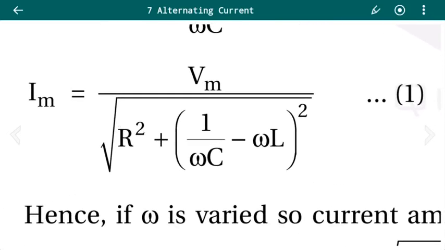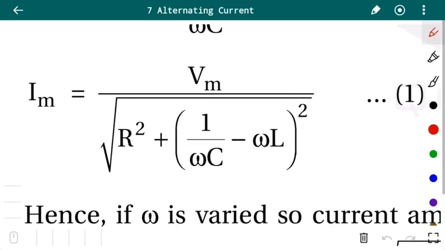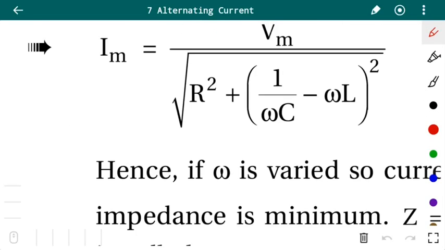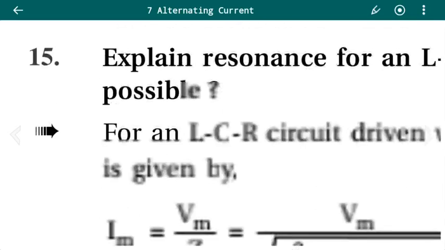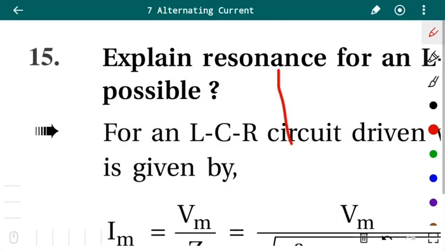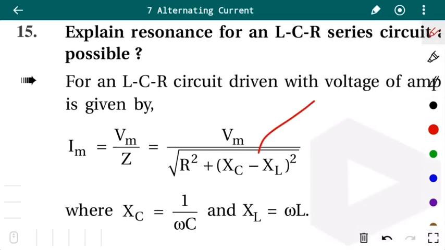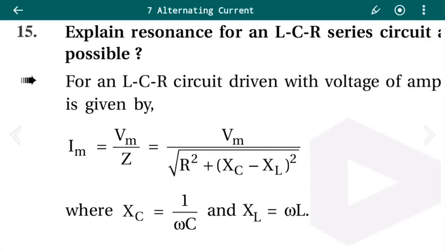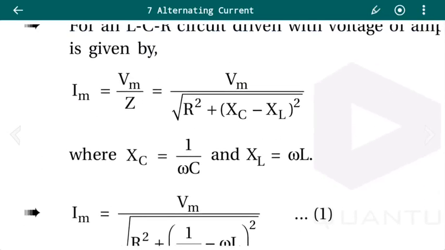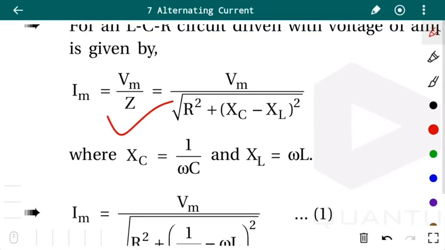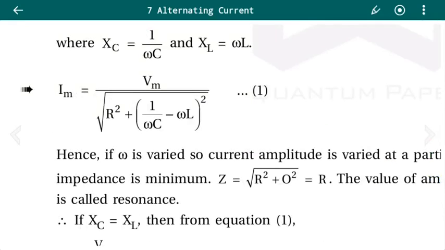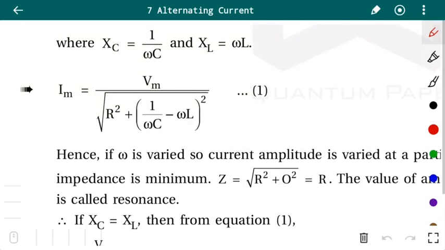By this equation we get the maximum value of the current when this value Z is as small as possible. If this Z is minimum, then the Im value will be maximum. So the Z value should be minimum.